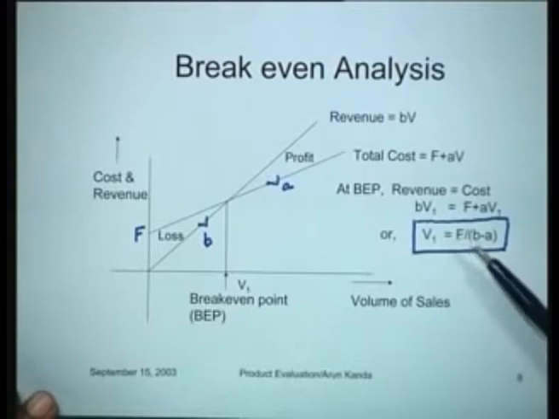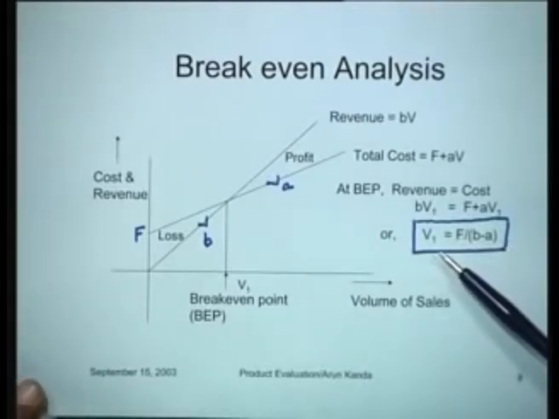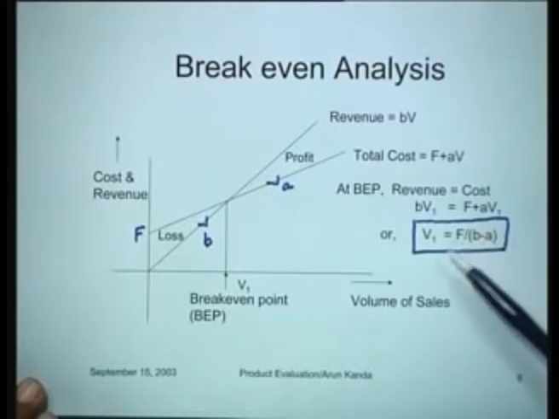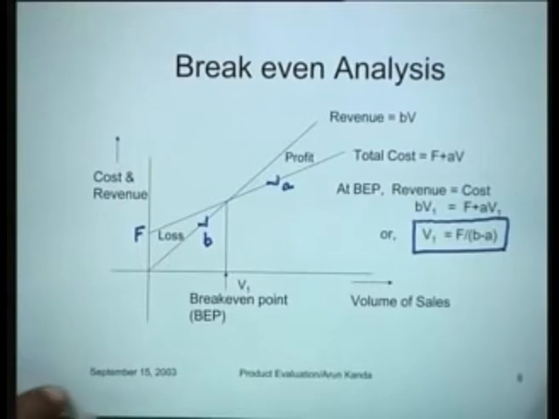This expression simply tells you that there are only three ways to reduce the break-even point. You can reduce the fixed costs, or you can increase the unit selling price, or you can reduce the unit variable cost.